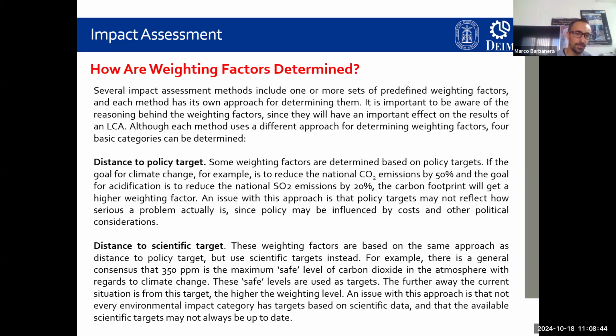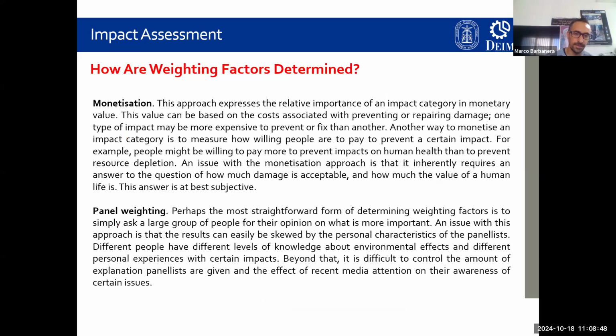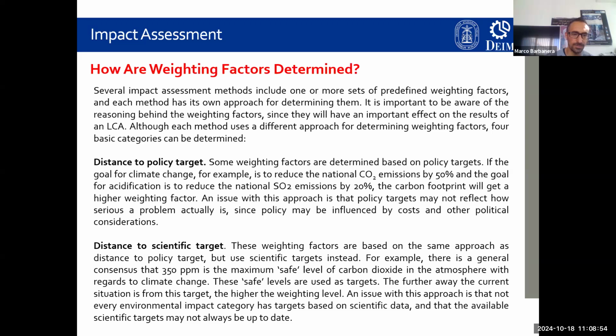But I think that it's important, the last one, or in some cases the third one, monetization. So the first two options are not very used, but it could be interesting to consider these two options. The problem is that these two options are very difficult to apply.